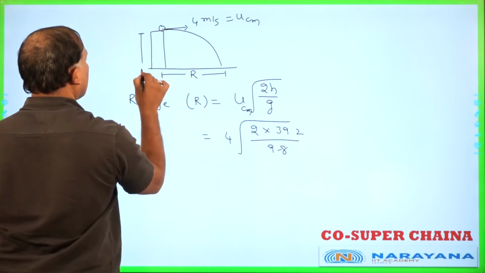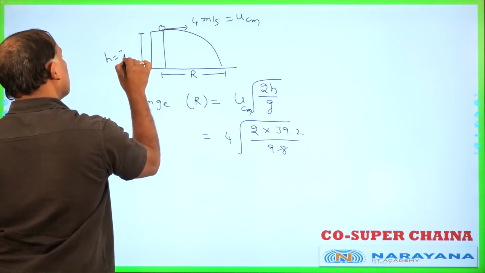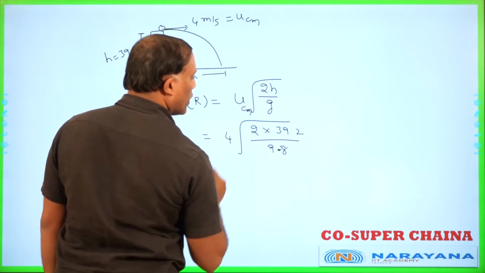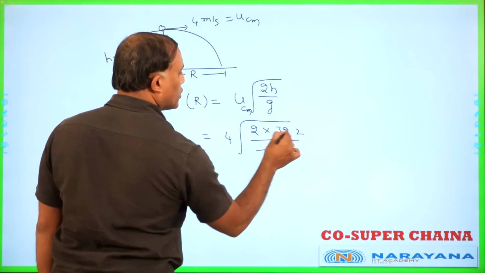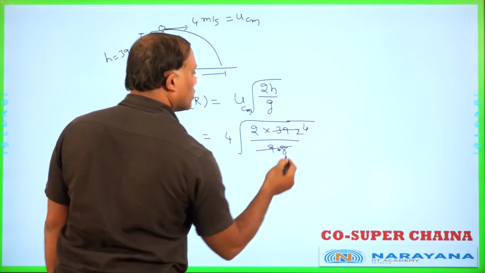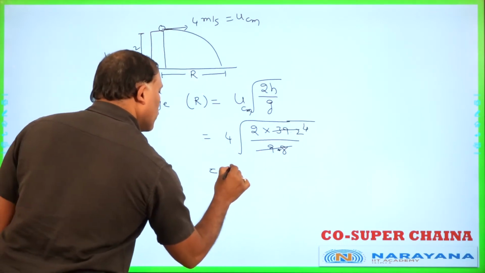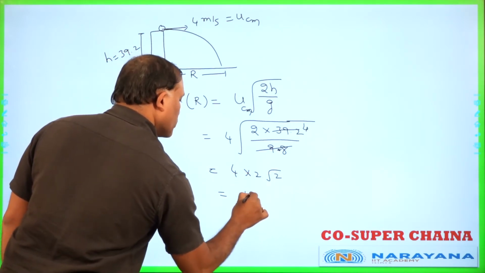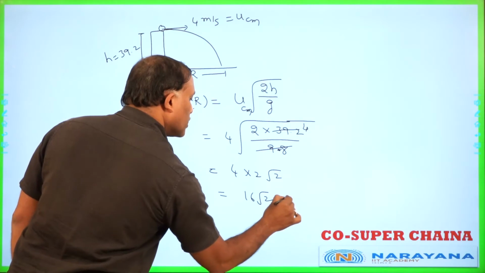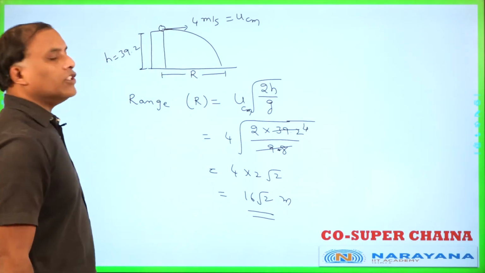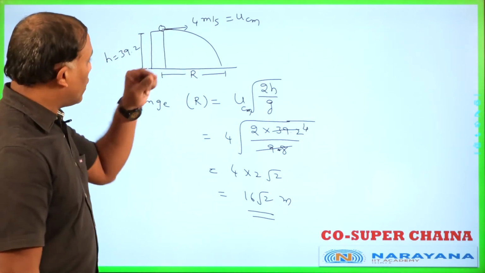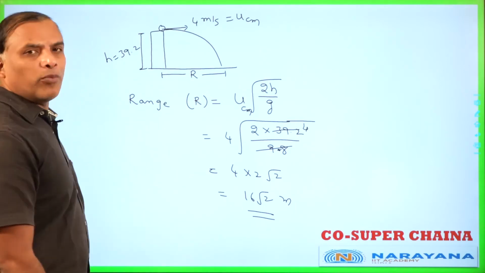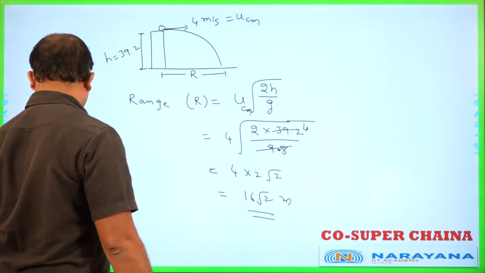This height is given 39.2. 39.2 by 9.8 is 4, so 4 comes out as 2. 4 into 2 root 2, that is 16 root 2 meters. This is the range of that projectile, the distance the center of mass can move. Yes. Next one.